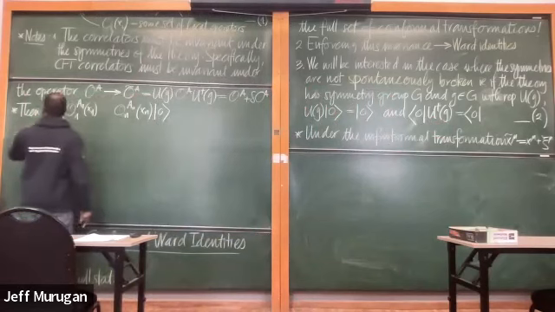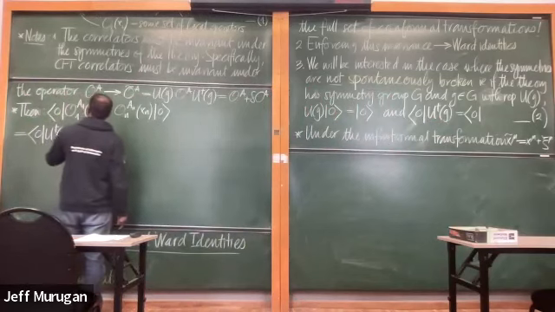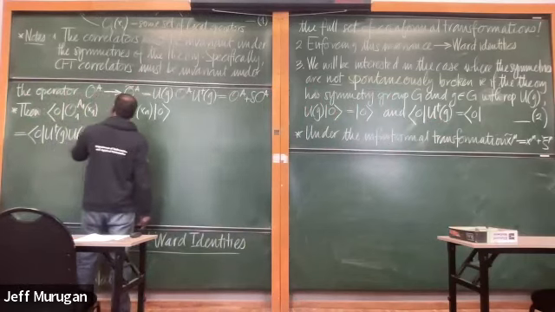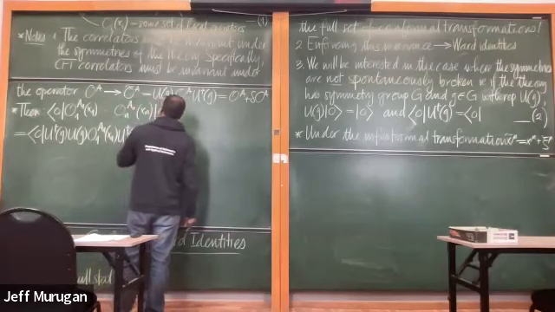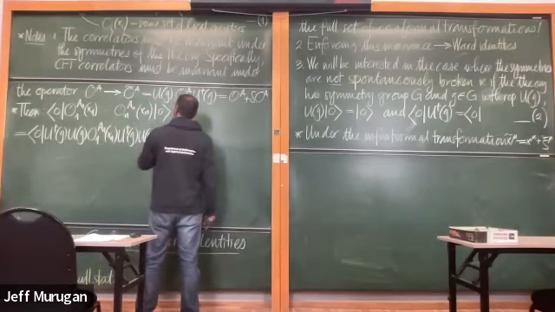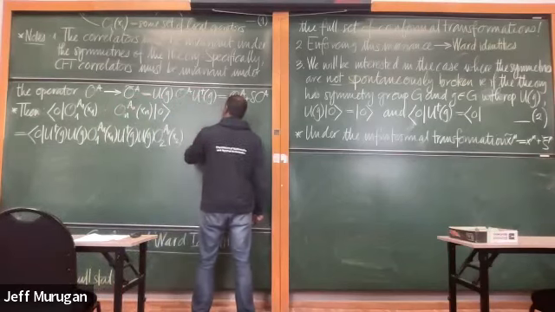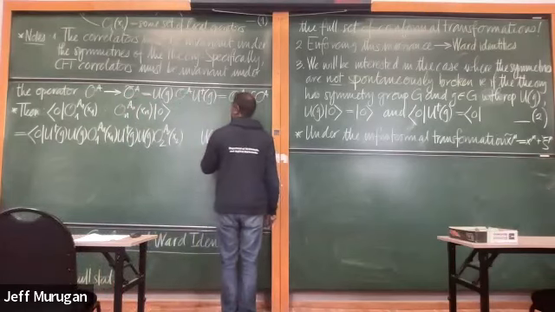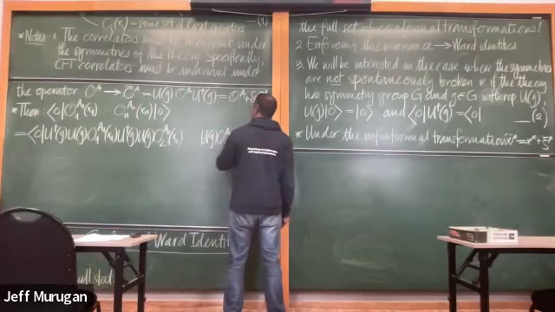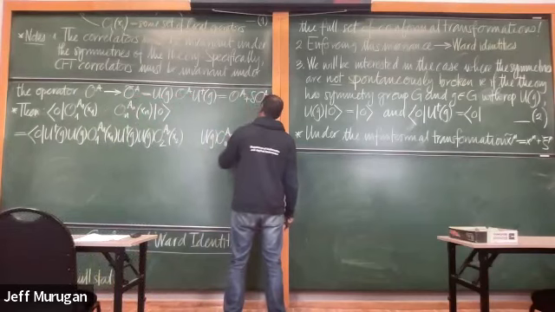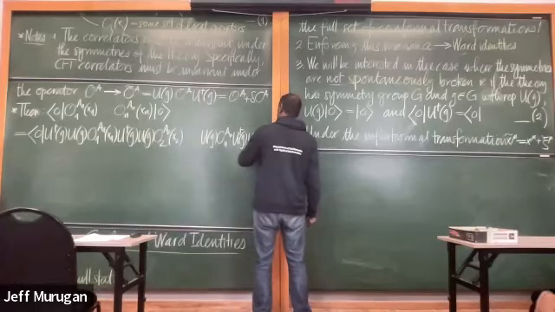And then I expand the identity as U†(g) U(g), O_{A1}^1 of x_1, U†(g) U(g), O_{A2}^2 of x_2, and so on until U(g) O_{AN}^N, U†(g) U(g), on the vacuum.